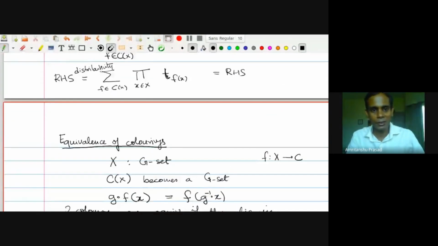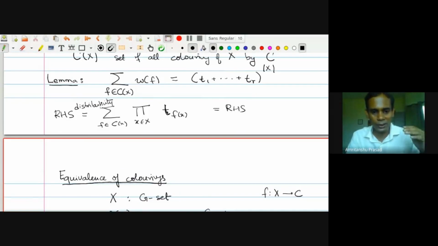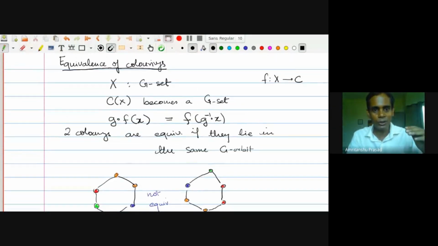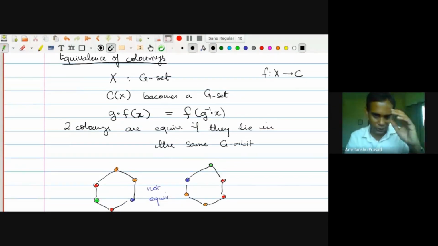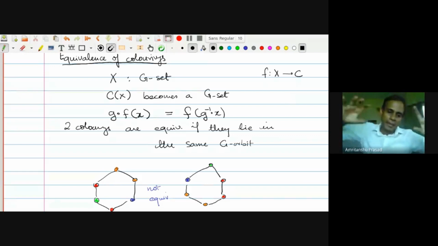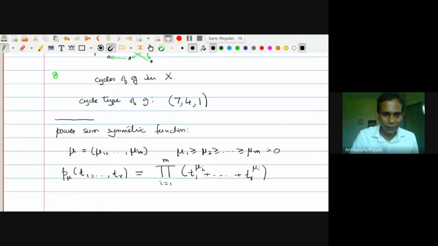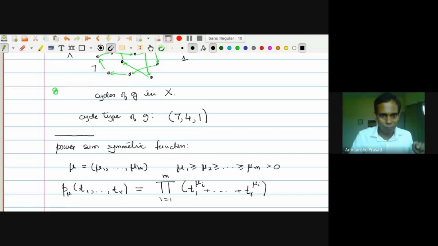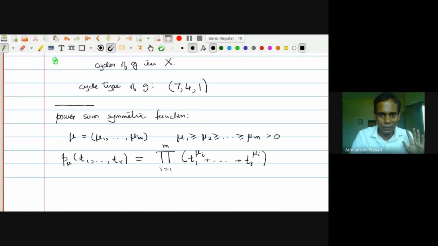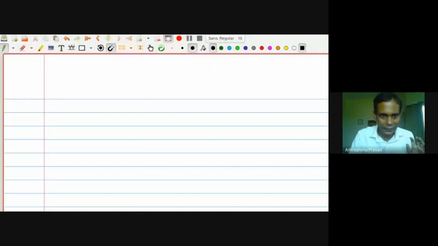We have colorings, which are just functions from X to the set of colors C. We have a notion of equivalence of colorings, which is just the group action on colorings: you can transform one coloring to another using an element of the group. Then we have the notion of cycle type, and finally the power sum symmetric functions. So a lot of things to remember, and these are the ingredients of Polya's famous theorem, the Polya enumeration theorem.